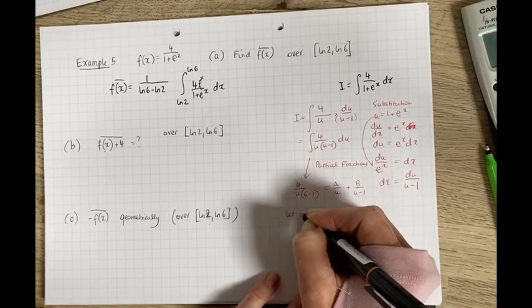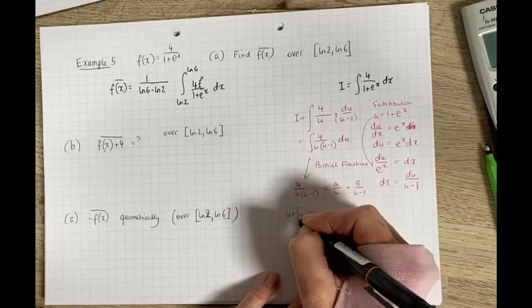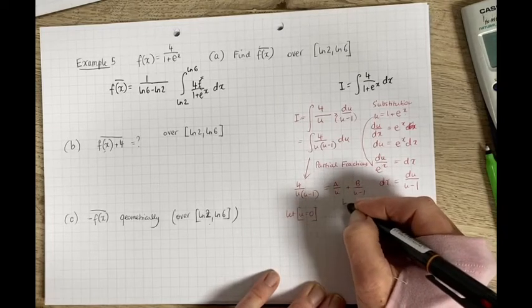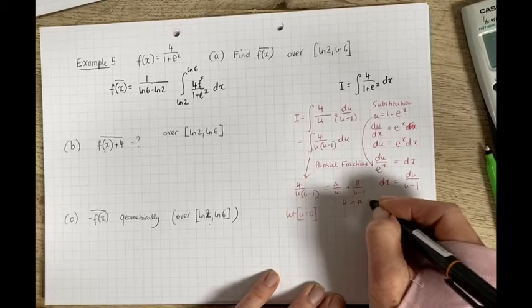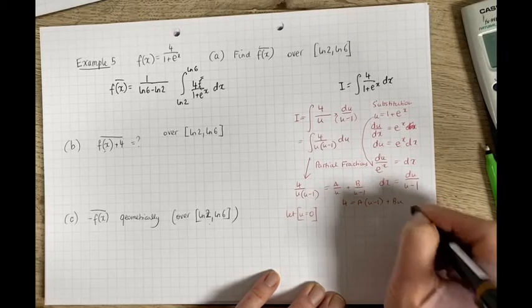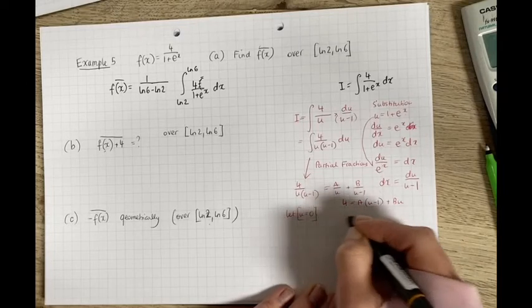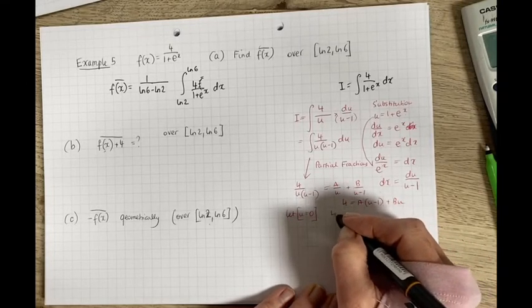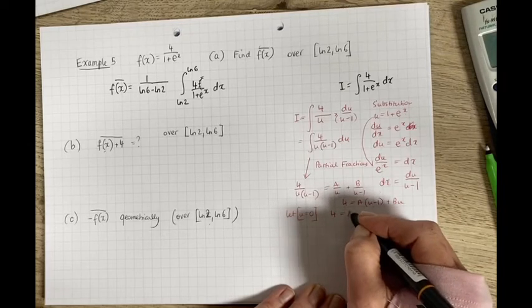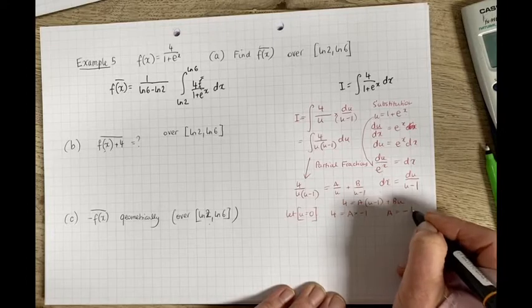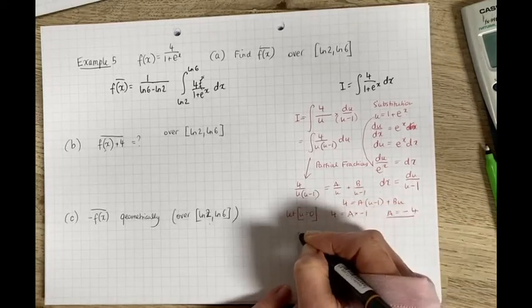So let u be equal to 0 first of all. Let me just rewrite the numerator so you know what I'm substituting it into. If u is equal to 0, we are going to have 4 is equal to A times minus 1, giving me A is equal to minus 4. And then we're going to let u be equal to 1.